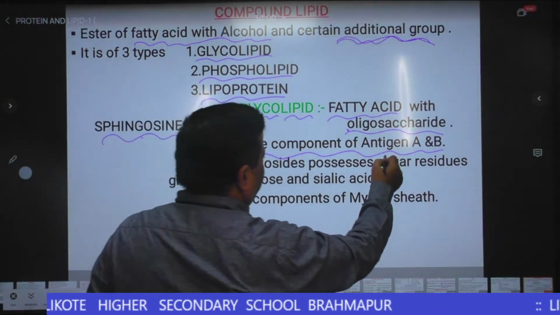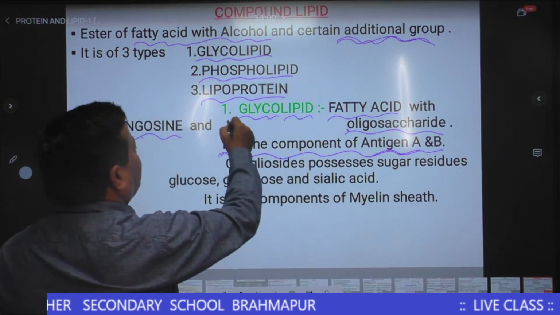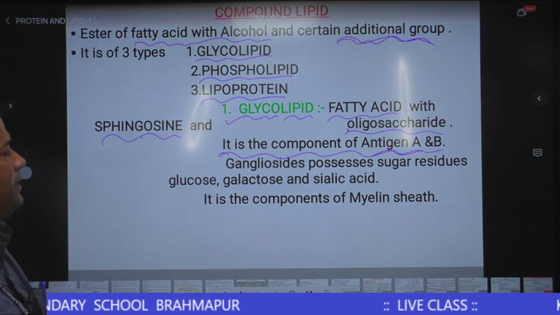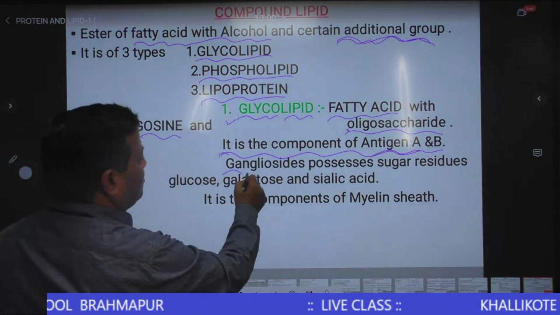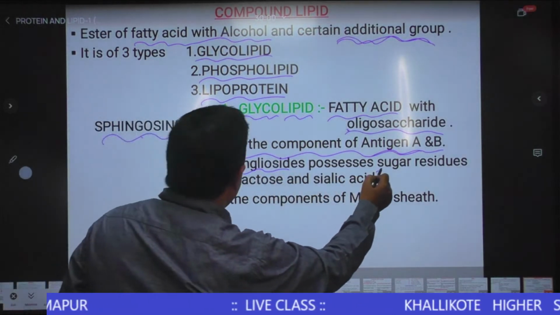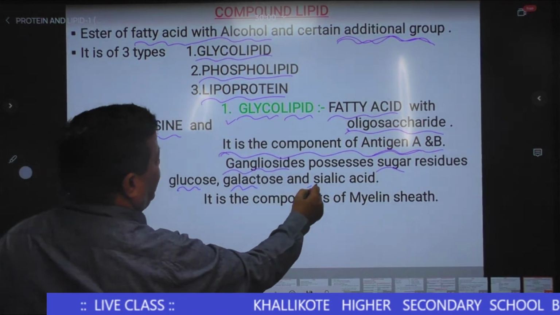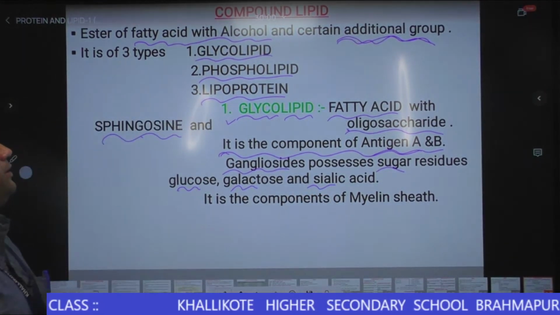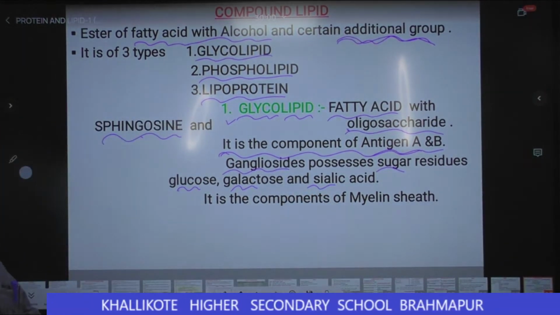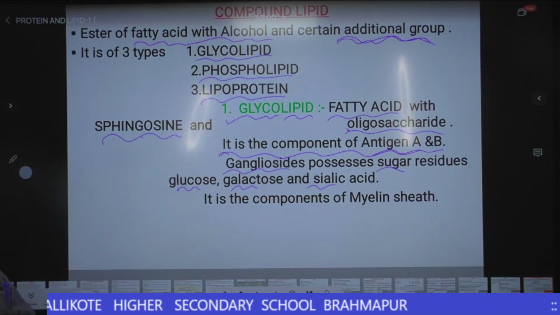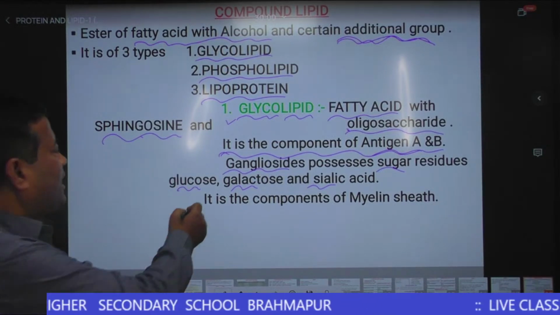These antigens A and B are formed by glycolipids. Similarly, gangliosides possess sugar residues like glucose, galactose, sialic acid combined with fatty acid and sphingosine. That also results in the formation of gangliosides.